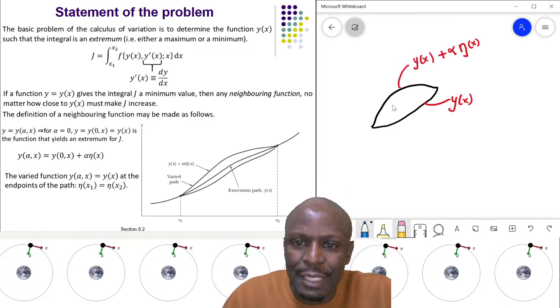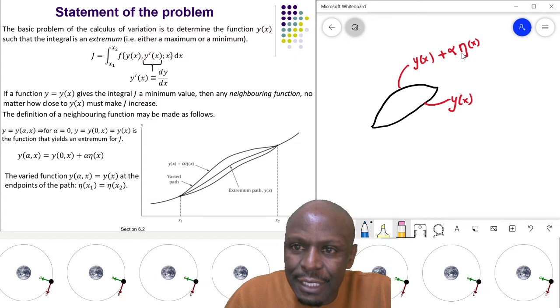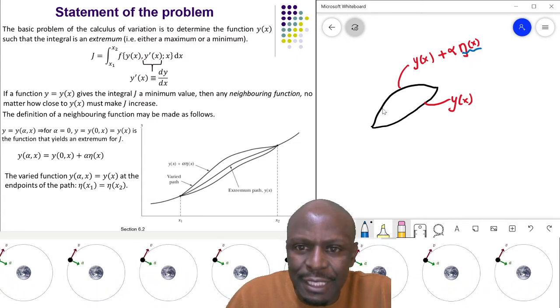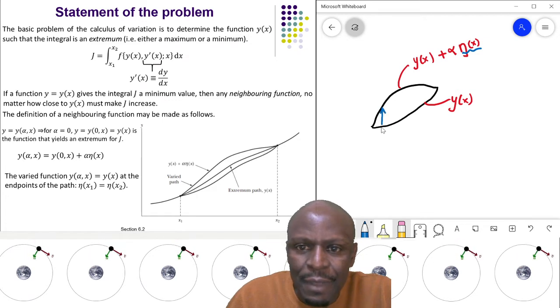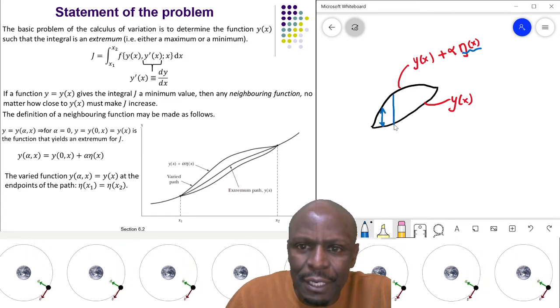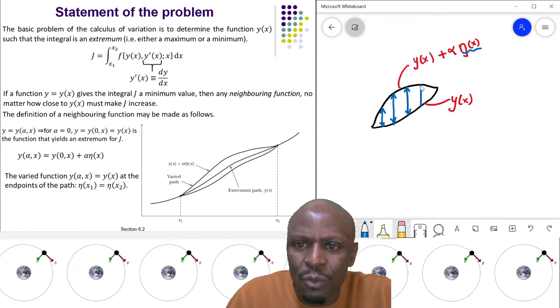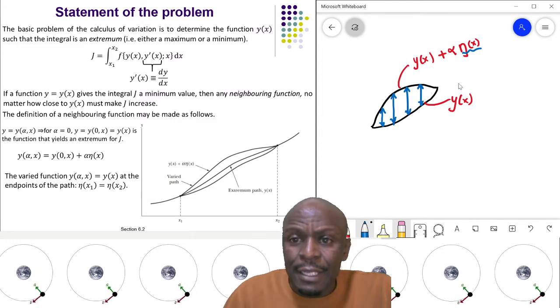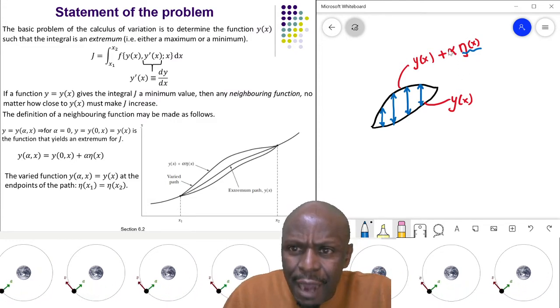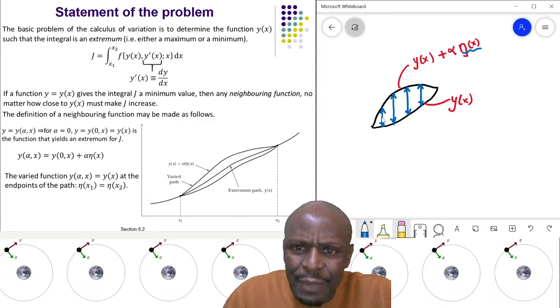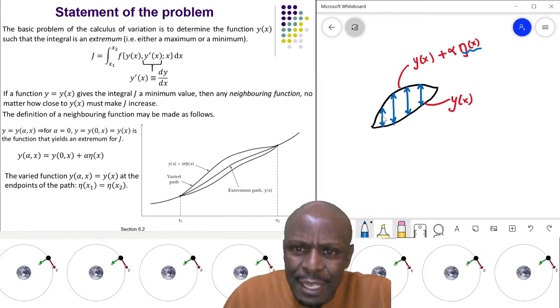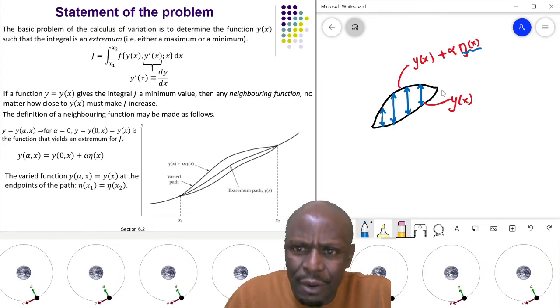What I want you to see is that this eta of x can be pictured as a variation in y. This is just a variation in y, whereby alpha is nothing else but the scaling factor, because the scaling here is not the same as here, and is also not the same as the scaling factor there.